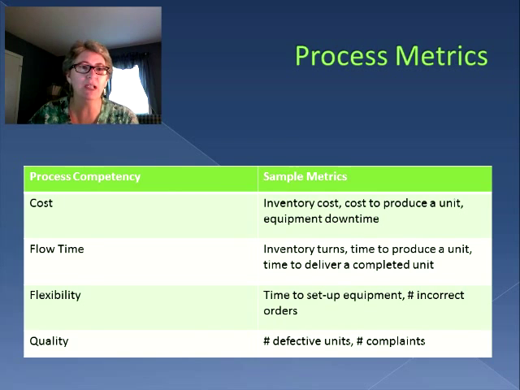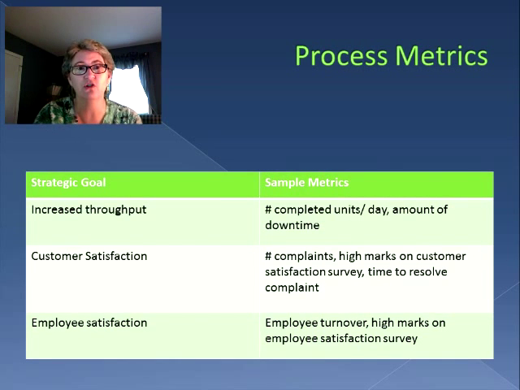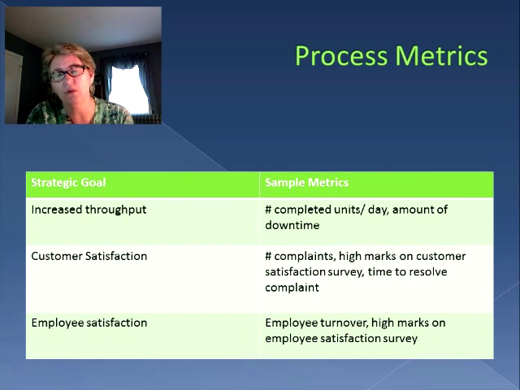If we're going to be looking at metrics from the strategy side, strategic goals, one strategic goal could be we need to increase our throughput. So let's keep track of how many units a day we can make. And again, how much downtime our equipment has. If we want to track our customer satisfaction, let's look at the number of complaints or the marks on a customer satisfaction survey.